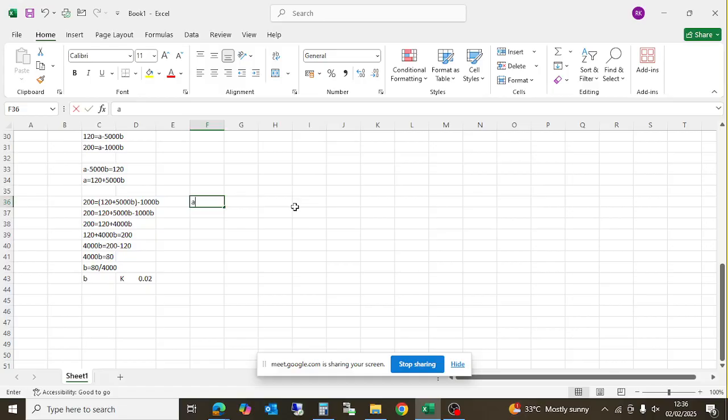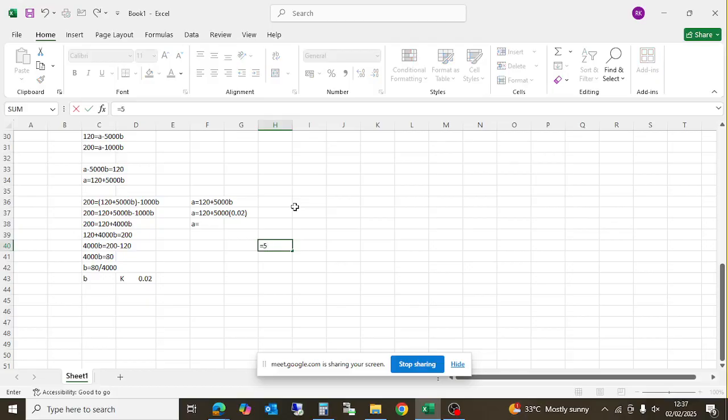Our A is equal to 120 plus 5000B. You can use either equation. So A is equal to 120 plus 5,000 times 0.02. 5,000 times 0.02 is 100.